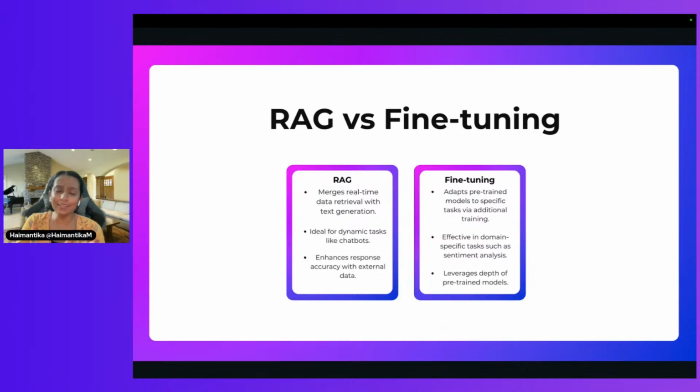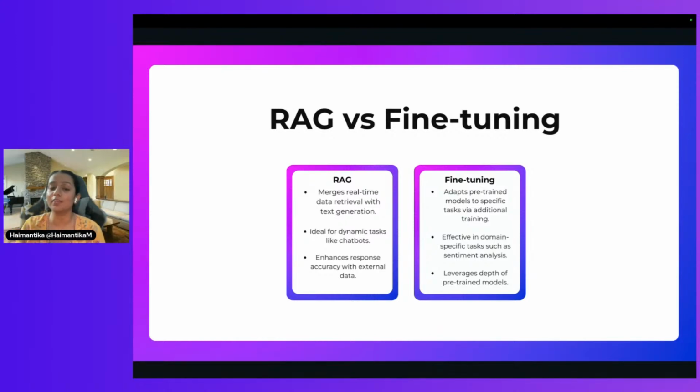The second difference is that RAG, the best use case that I mentioned in all my slides, is used for dynamic or real time tasks like chatbots, but fine tuning is effective in domain specific tasks, for example sentiment analysis. If you are doing sentiment analysis of tweets, the more tweets you send it, saying these are the kind of tweets that have a neutral response, or these are happy tweets, these are sad tweets, the better it gets.